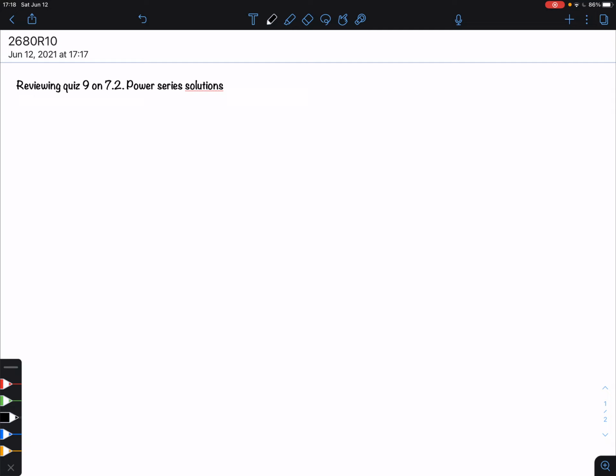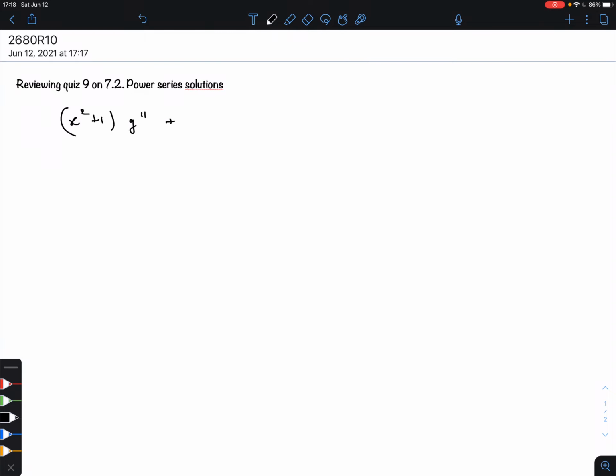And where did I put my notes now? Okay, here. So let's look at the first one here. I have x squared plus 1 y double prime plus xy prime plus 2y equals 0.